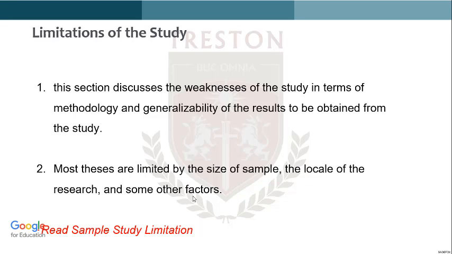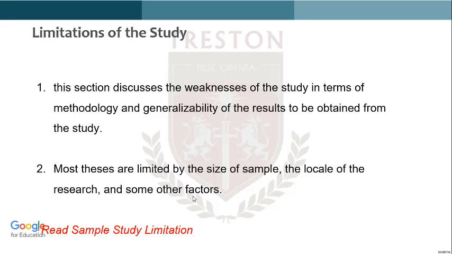What is the example? For example, I'm trying to study the effect of the pandemic here in the Philippines. That would be too broad because it would be hard for me to do a research that would comprise the whole Filipino people's experience on COVID-19. What I can do is try to limit my study.